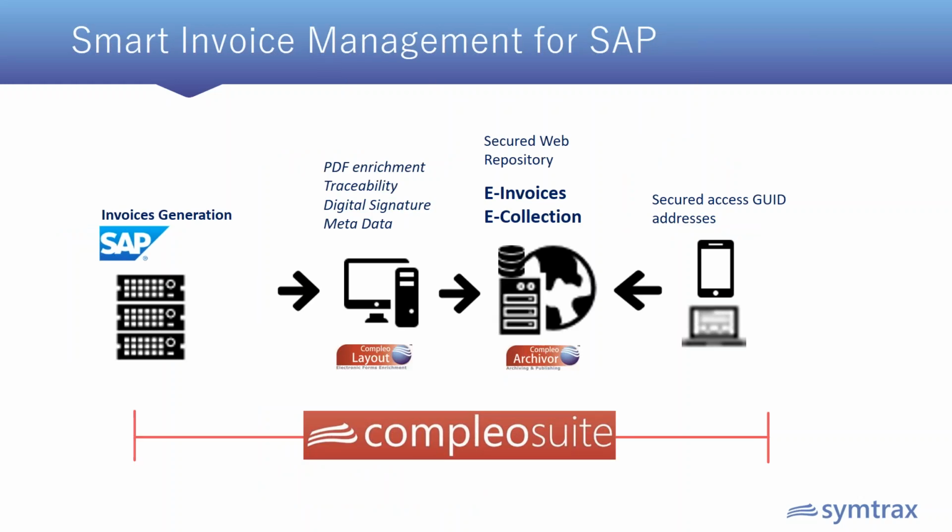So from a Compleo Suite perspective, as I touched on last time, we work with a variety of different tools that we have at our disposal. We have the formatting element, which is the layout solution, and that allows organizations to essentially bring out output from SAP, reformat that and push that on from a distribution perspective, which is the major suite, a start to finish aspect.